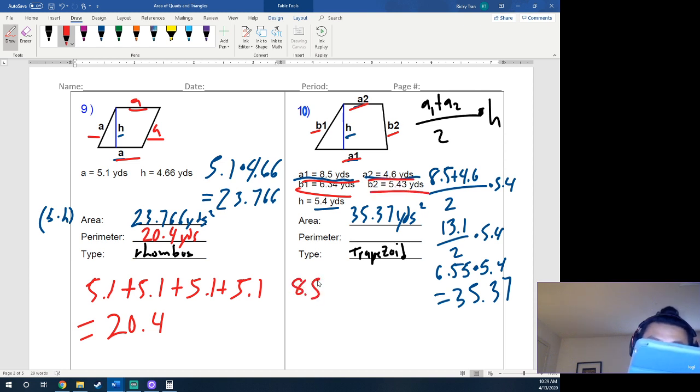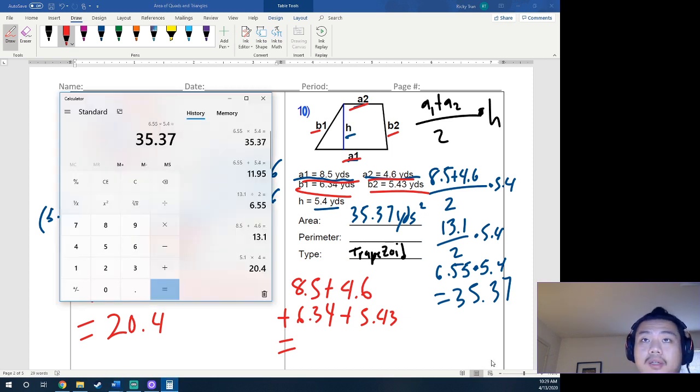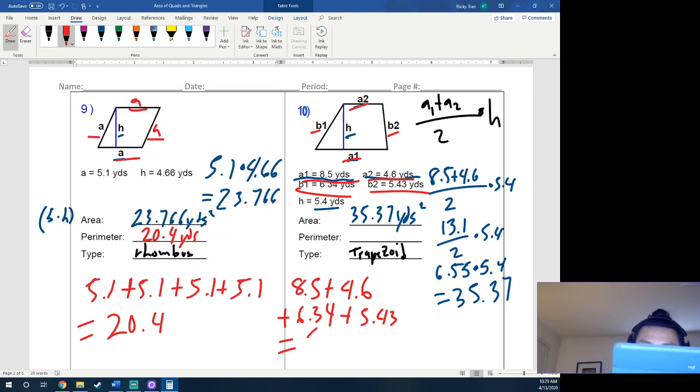So 8.5 plus 4.6 plus 6.34 plus 5.43, which is 24.86. Nope, I mean 87. 24.87 yards. And that's your perimeter.